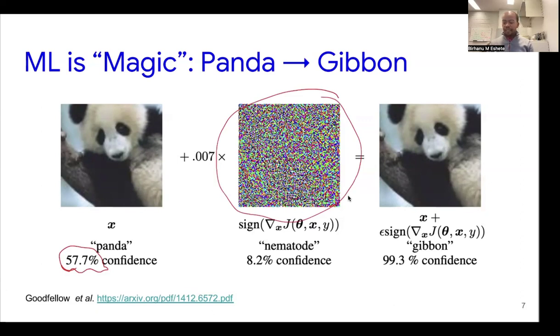And then you end up getting what you see on the right, which the model calls a gibbon. A gibbon is pretty similar to a panda, but it also has differences. What is interesting here is that the model was 57.7% confident when it produced the right output, but it is almost 100% confident when it makes the mistake.